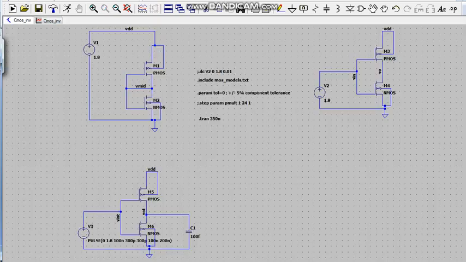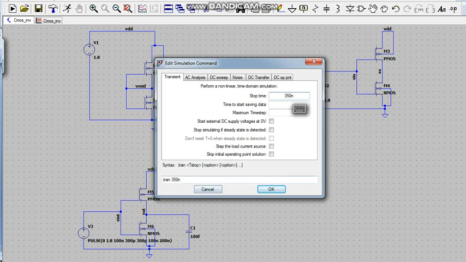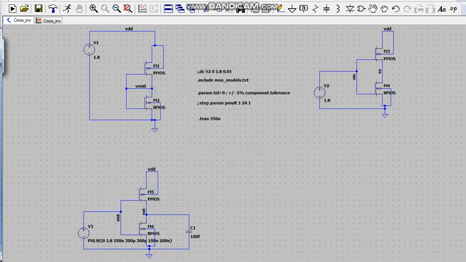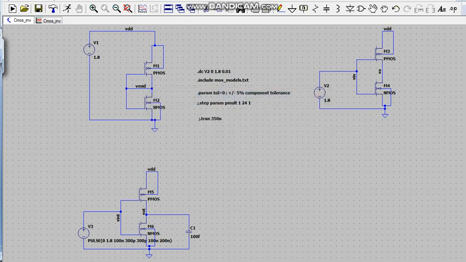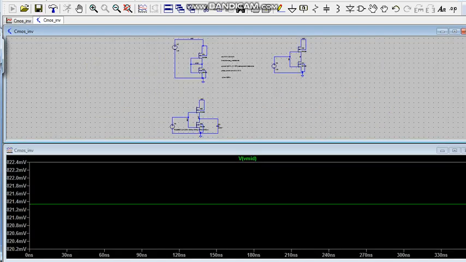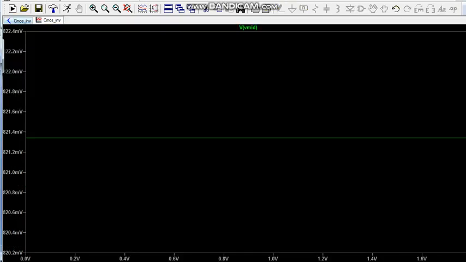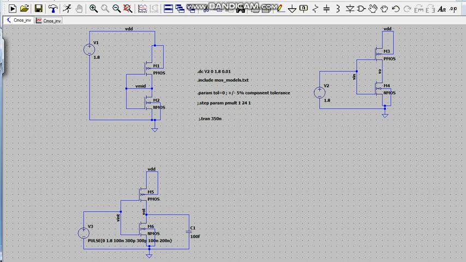Now we need to run this DC simulation, so I will comment out the tran and enable the DC simulation. Now we run again. Okay, so this is 821 millivolt. Let's plot this.